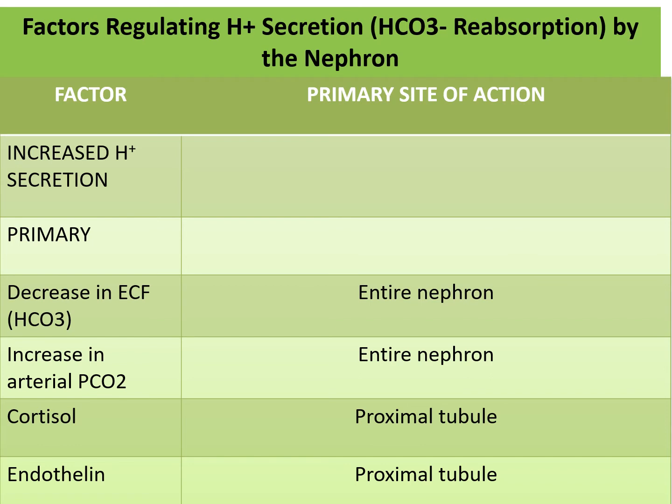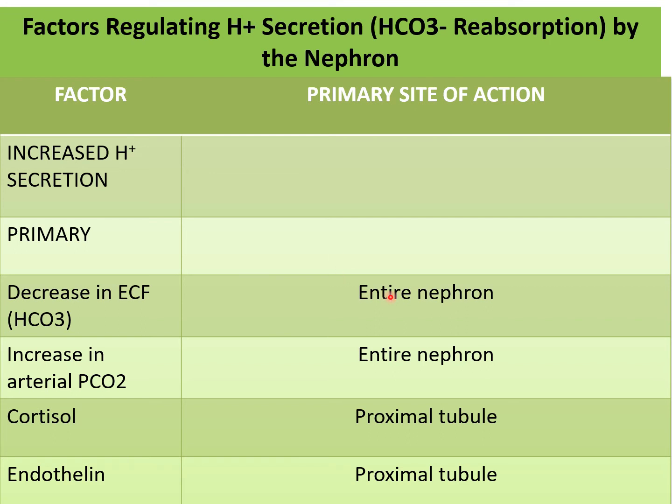This table and the following tables will show us the factors regulating the secretion of hydrogen or the reabsorption of bicarbonate by the nephron. So there are factors that can increase hydrogen secretion, and there is the primary site of their action.